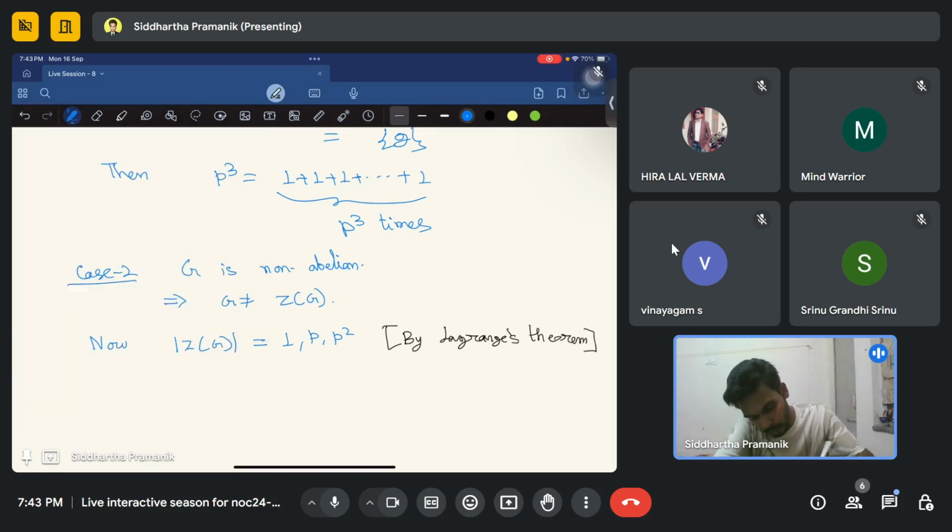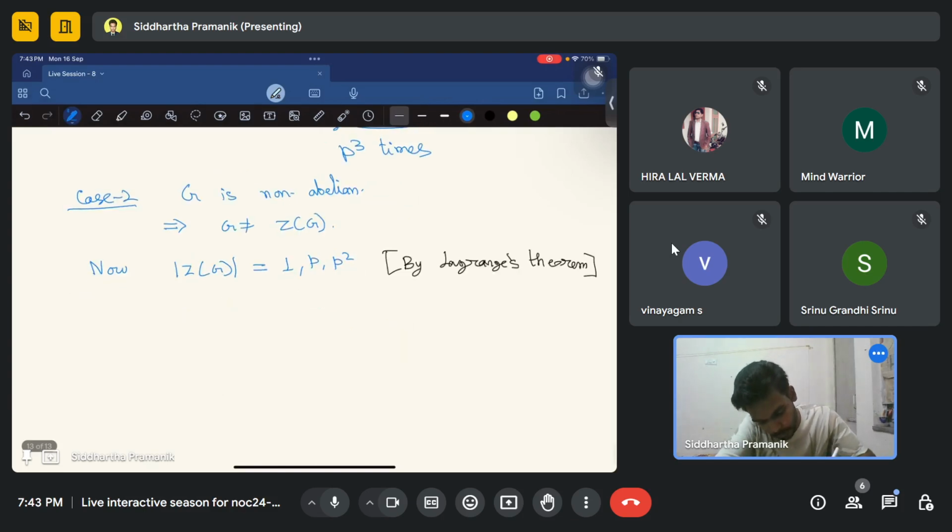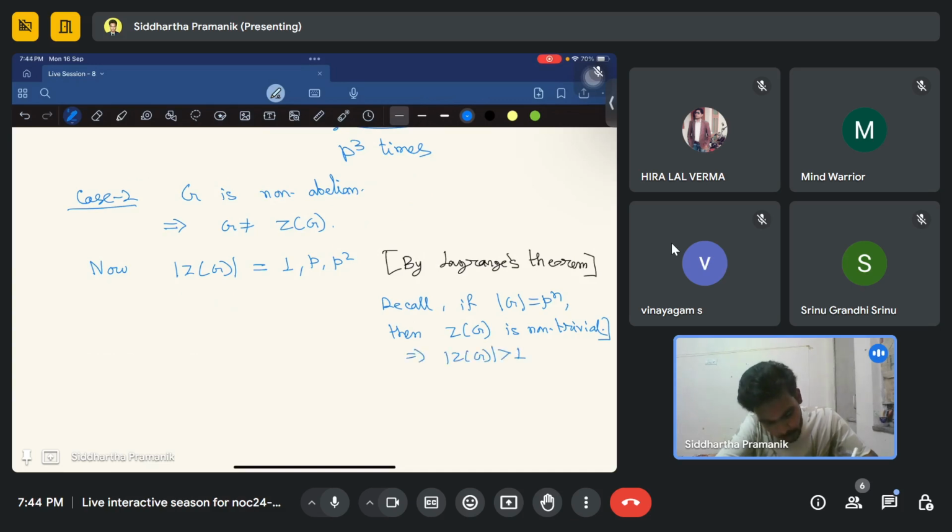Also recall one thing. If the order of G is p to the power n, then the center of G is non-trivial. This has been proved in the lectures. So that means the order of Z(G) is strictly greater than 1.